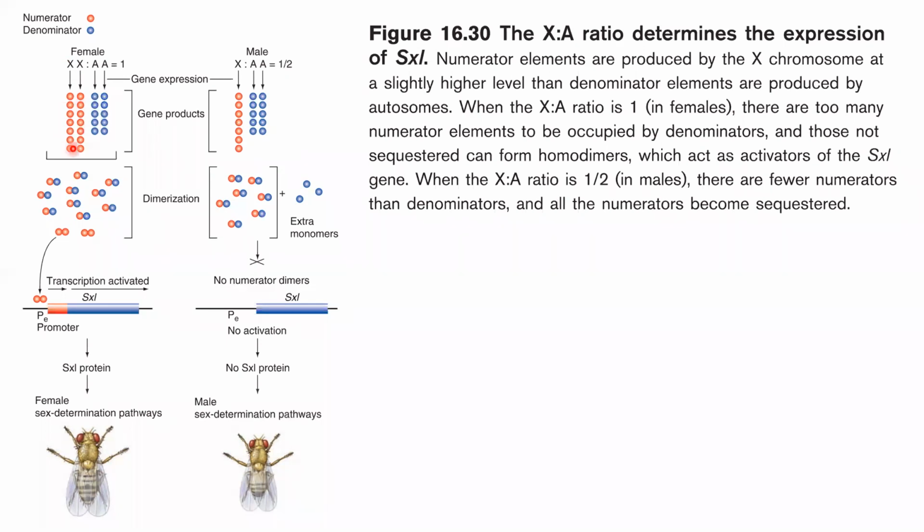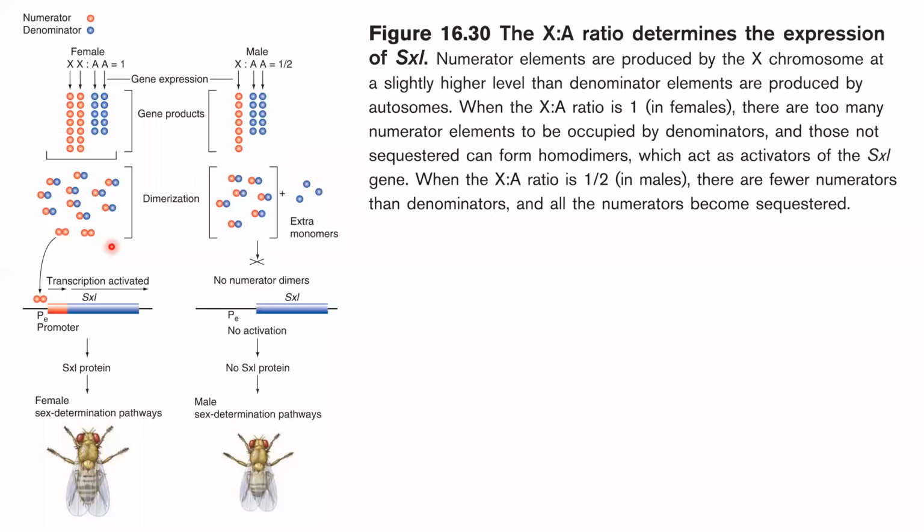Now, in females, when there is 2X, there is an excess of numerator subunits versus denominator subunits. So the red balls are in excess as compared to the denominator subunits. So as a result, since we are having 2X chromosomes and there is an excess of the numerator subunits, the numerator subunits can join.